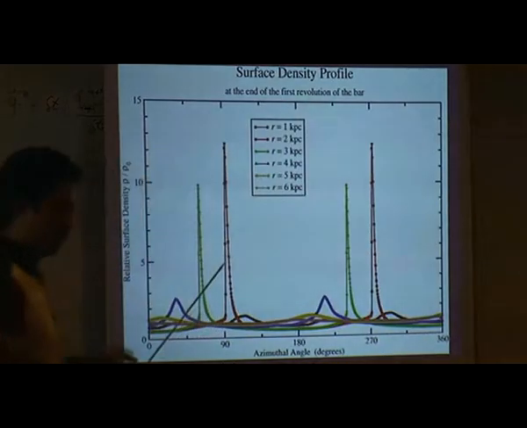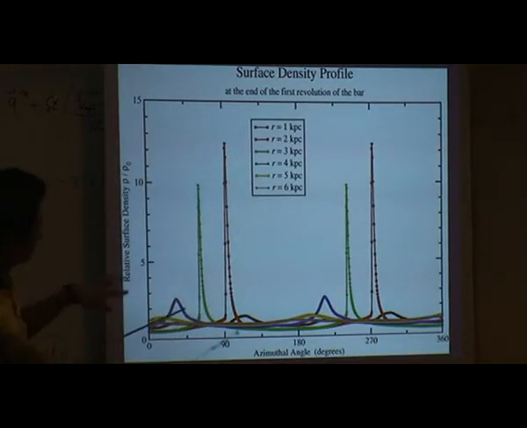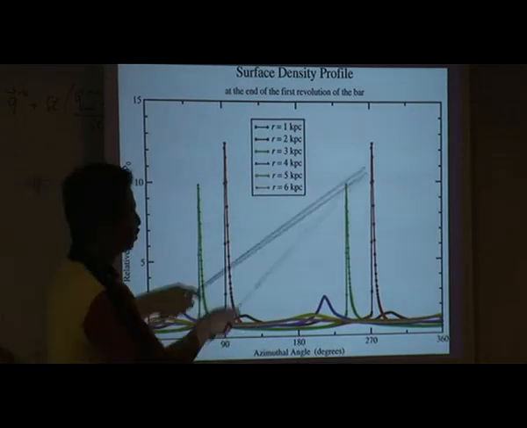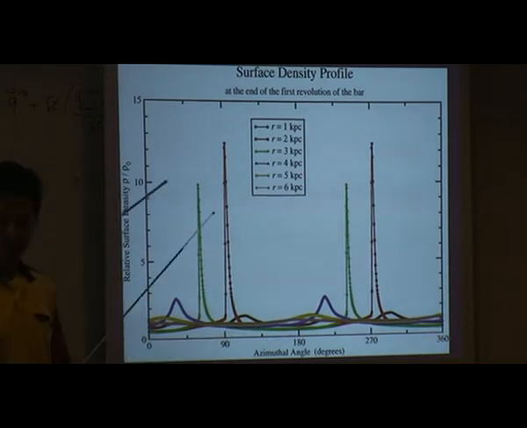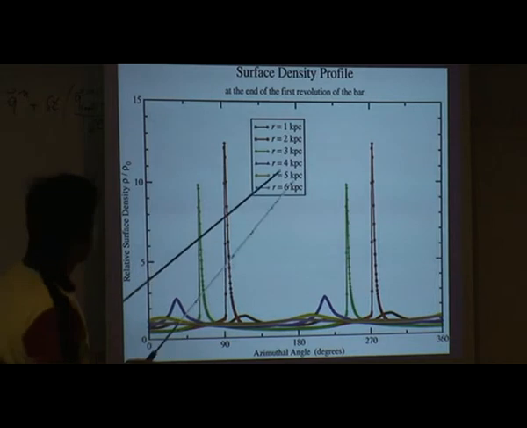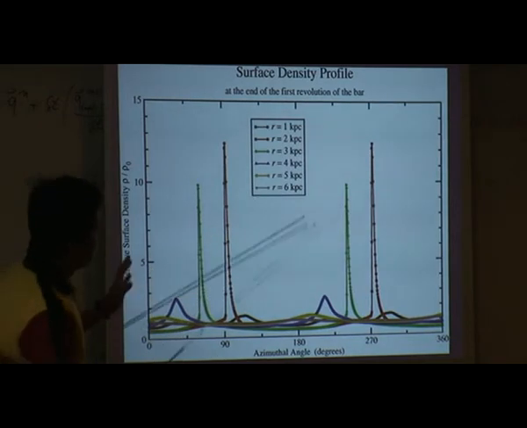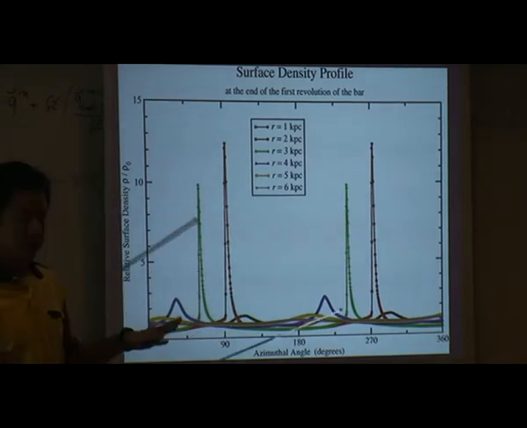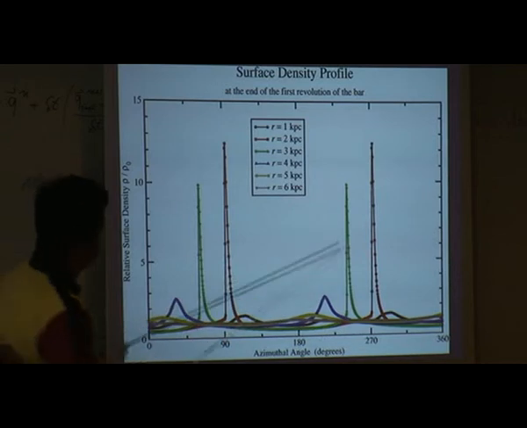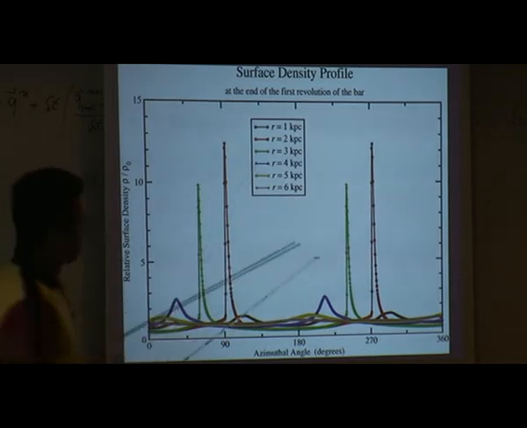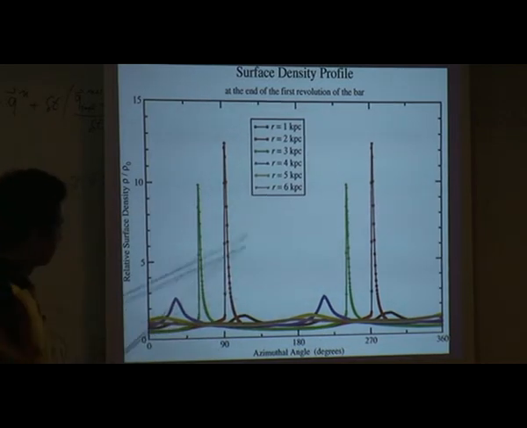This is an azimuthal profile at a different radius. I just want to show you how well it captures the shock structure. And also another thing is that the resonance is at 3 kiloparsec, and around the resonance radius, strong shock is produced.